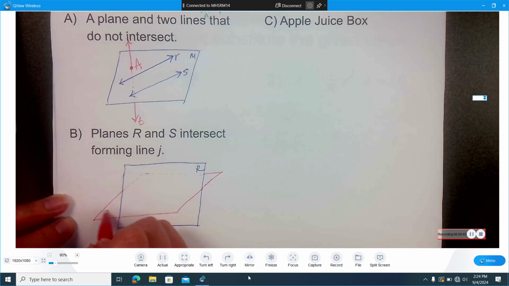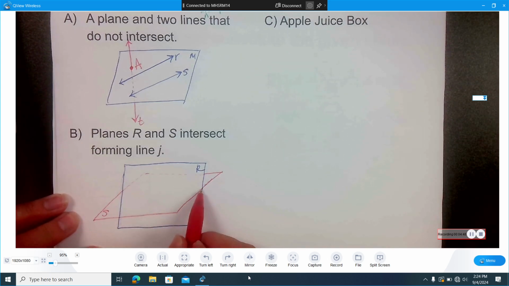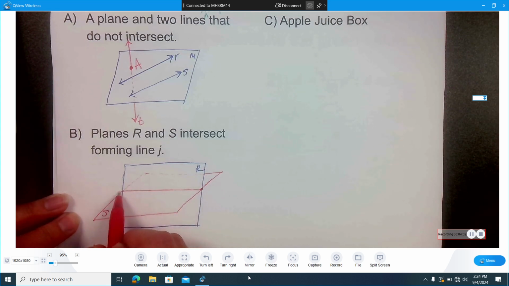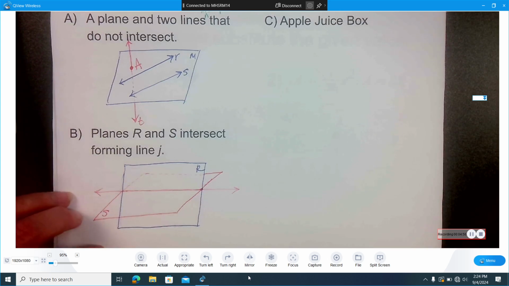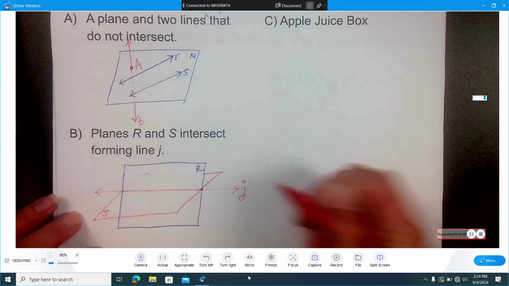There we go. There's plane S. And you'll see that they're sort of intersecting here where they're crossing. They intersect one another and form a line. And that's line J.